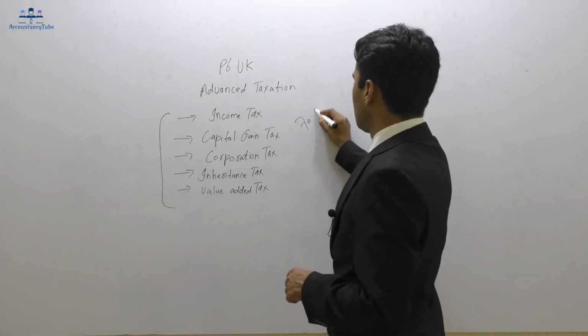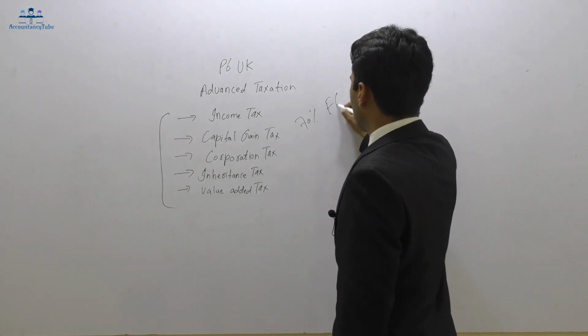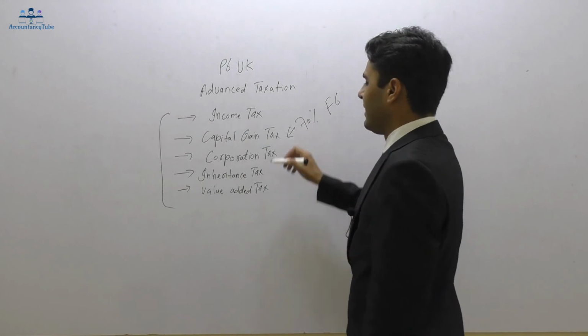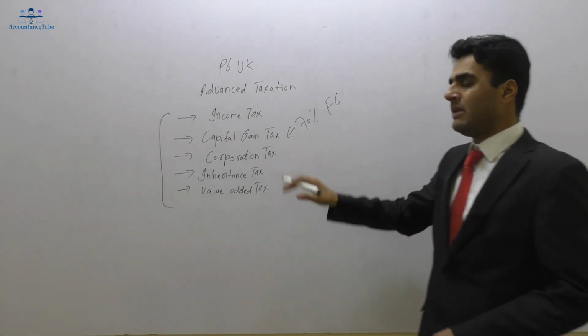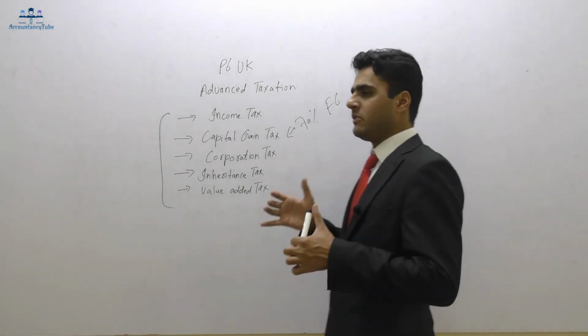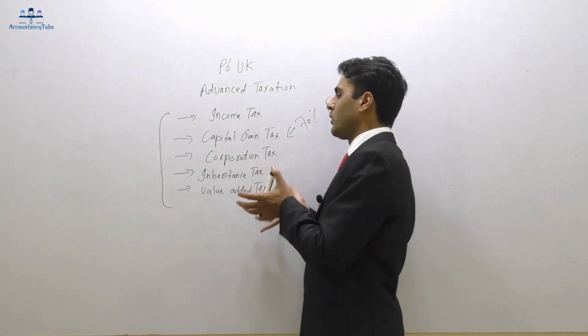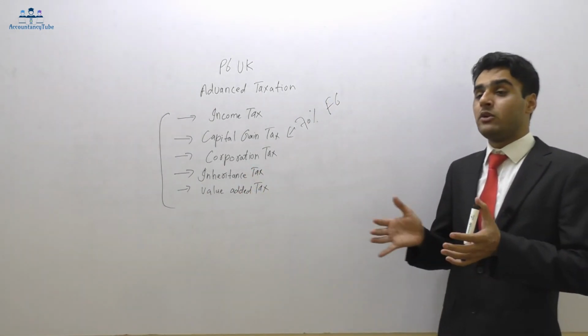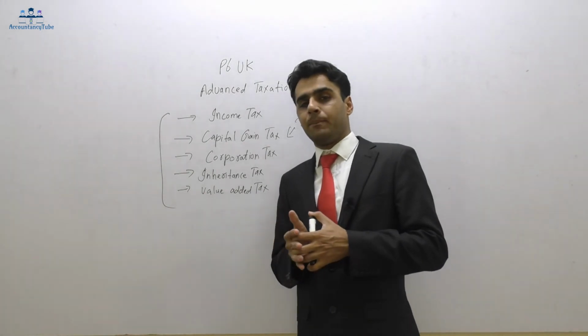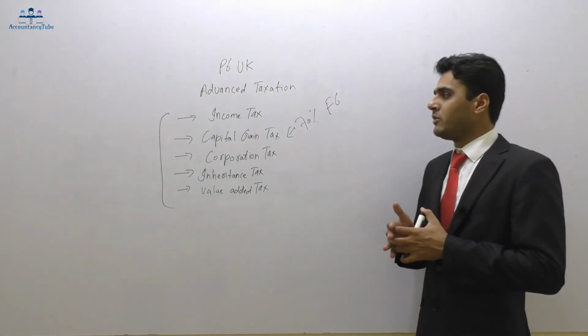Almost 70% of F6 is within P6. However, the technique is different. How you solve the questions in P6 is different than how you do in F6. That is the major difference.